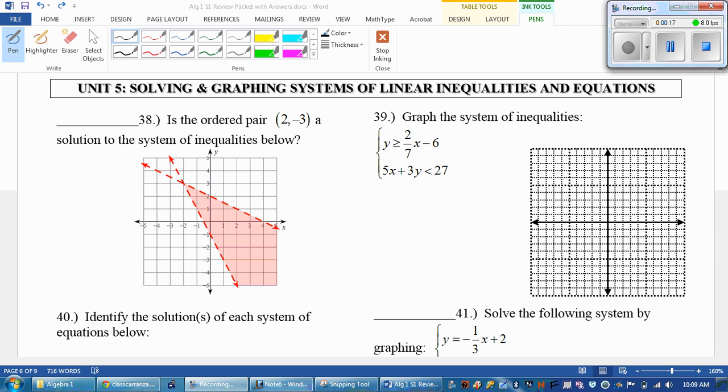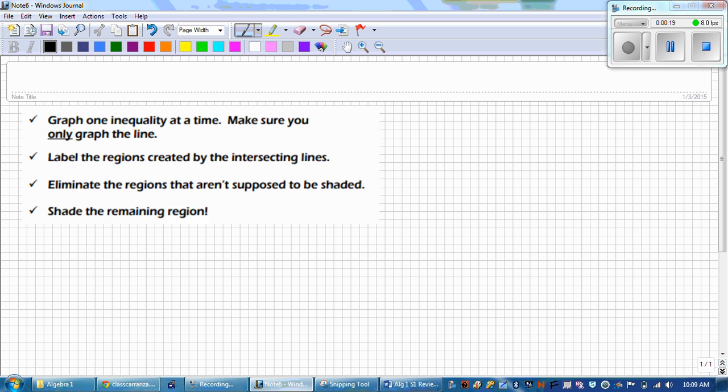Now, for your note card, when we're just talking about the graphing, here are a couple of things that I wrote down. Actually, I didn't really write them down. I just took them straight from your notes. This is Unit 5.1 notes.